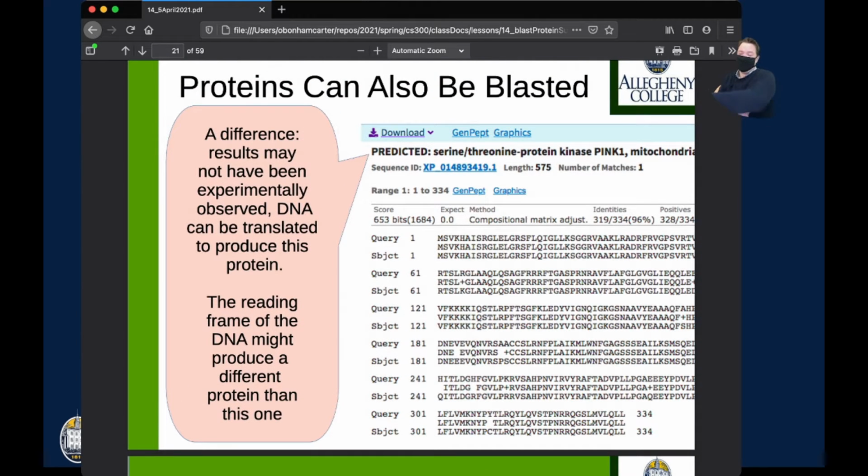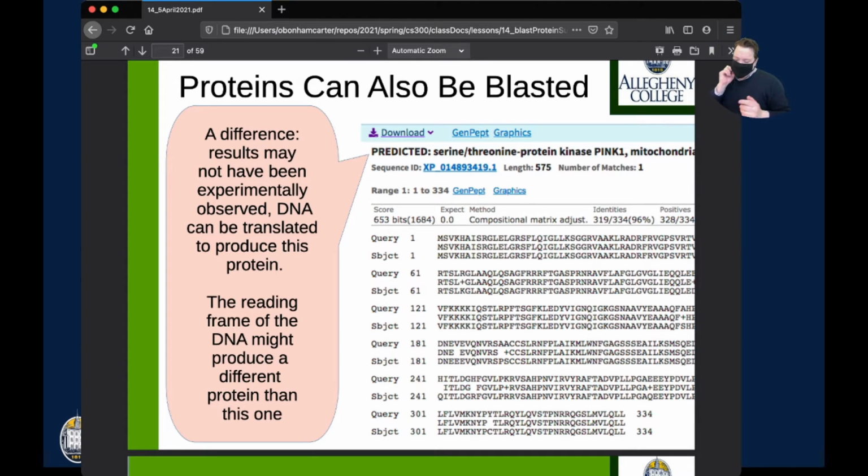If you think about it, when we looked at the codon table, there are different ways of translating each codon into an amino acid. Each amino acid has multiple triplet codes from DNA that you can use to spell out or translate that amino acid. And so if you're working with a protein, sometimes when you do certain forms of analysis, you have to go back to the DNA and figure out where that DNA came from, and then figure out from that DNA what proteins you could have, and then compare those proteins.